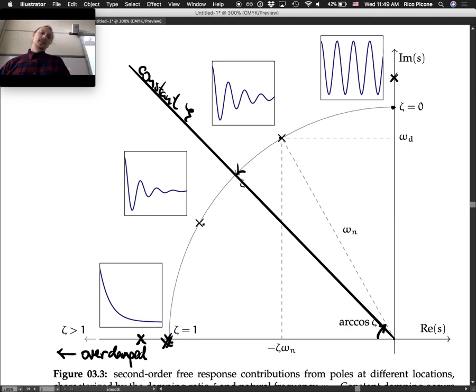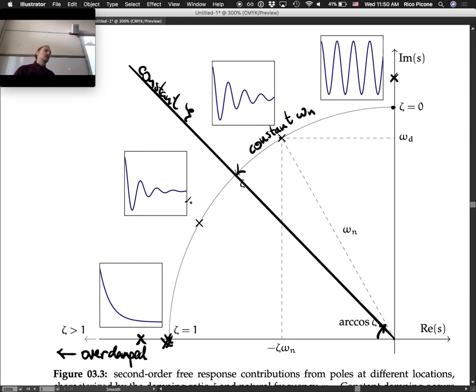Along an arc like this would be constant omega n, constant natural frequency. So you could think of this as a polar coordinate grid where you have arcs of constant natural frequency, and rays of constant damping. So that's the geometric interpretation of the natural frequency and damping ratio of a second-order system.